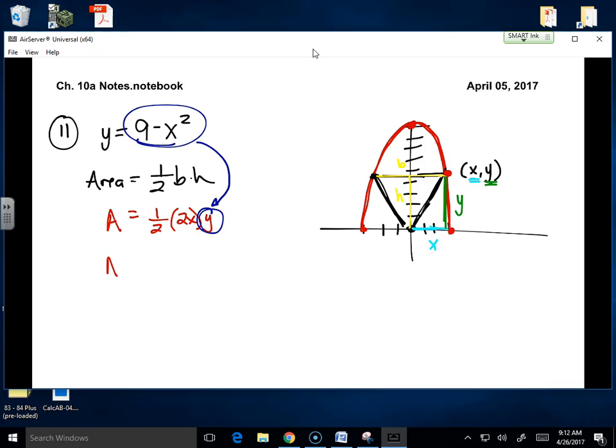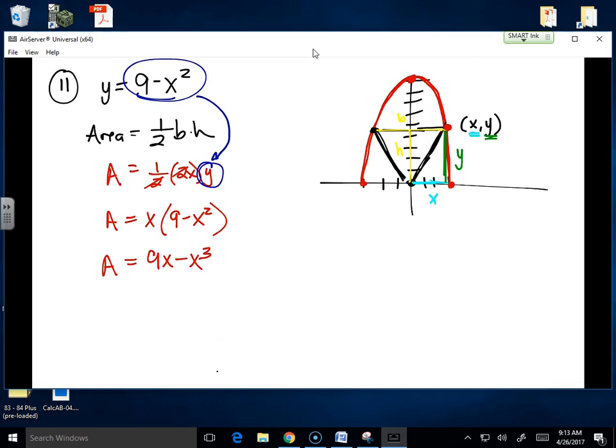So we can go ahead and say A equals 1/2 times 2x times y. And this is why a few of you got confused when you saw in the answer key that the area formula was 9x minus x cubed. That's what happens when we plug into 1/2 base times height based on our picture.